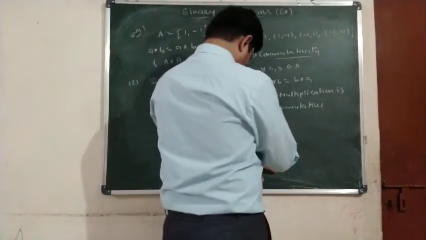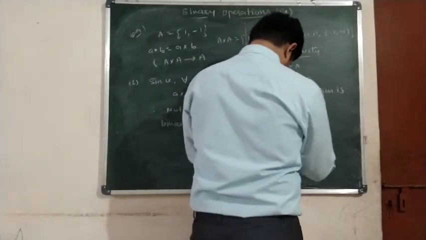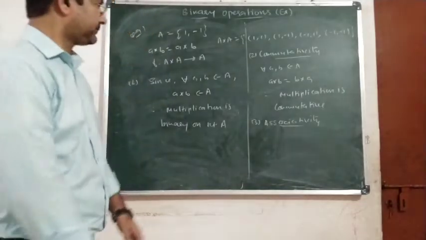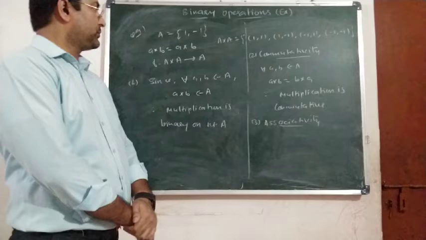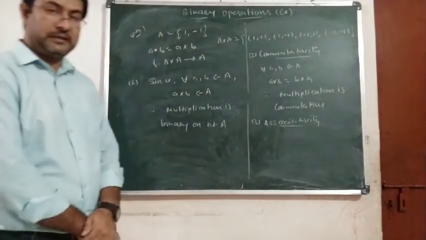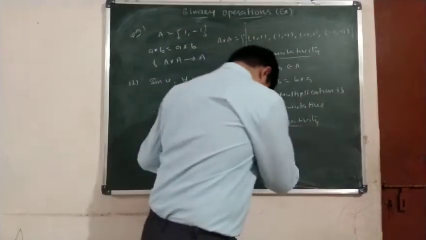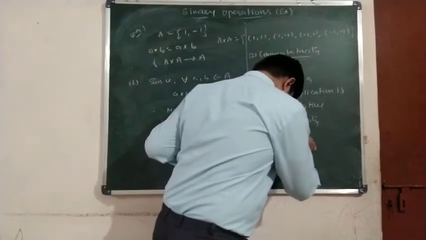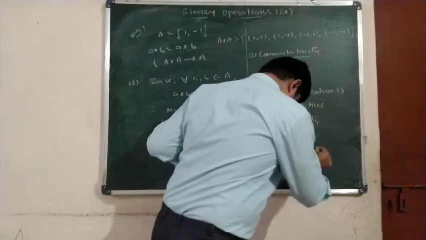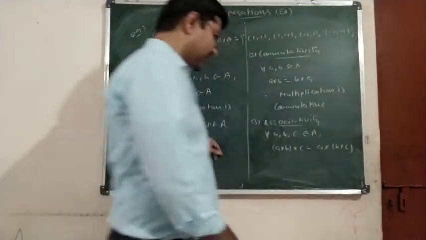Then associativity. Okay, associativity also will hold, because for any elements a, b, c, for all a, b, c belonging to set A, (a multiplied by b) multiplied by c is equal to a multiplied by (b multiplied by c).